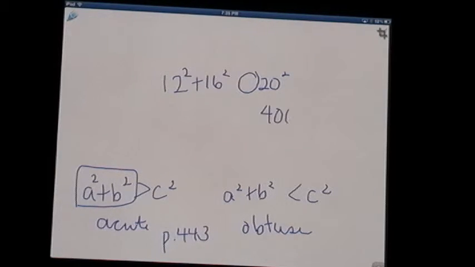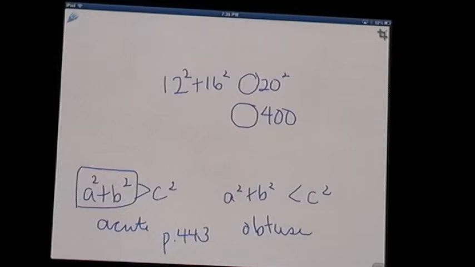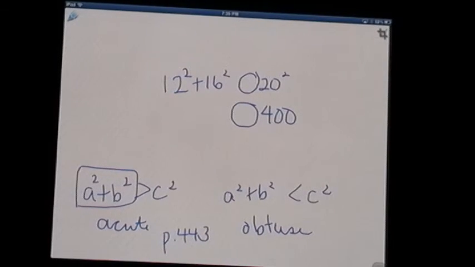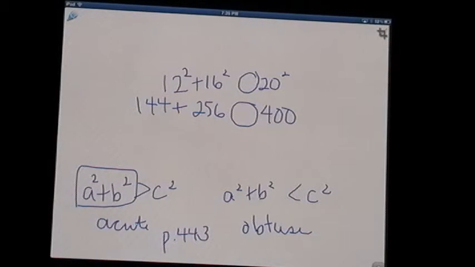That's 400. 16 squared is 256, and 12 squared is 144. 144 plus 256 is 400, and 400 is equal to 400, so this is a right triangle.